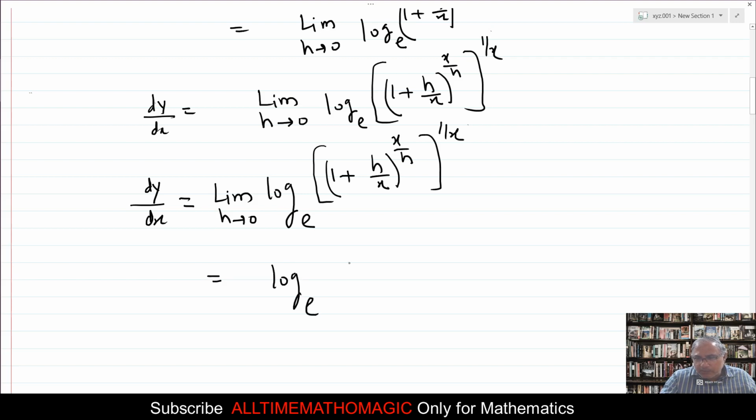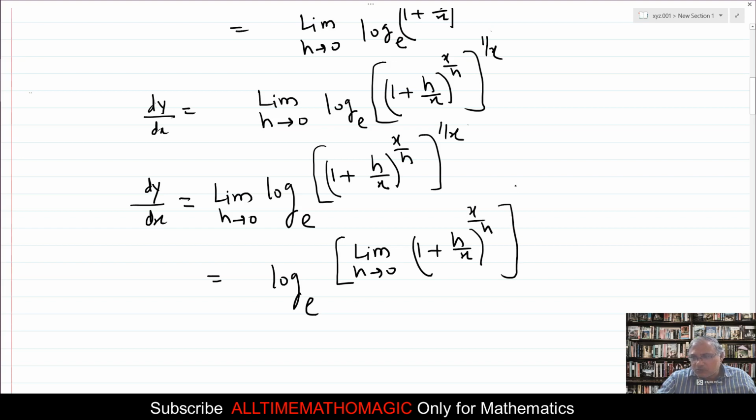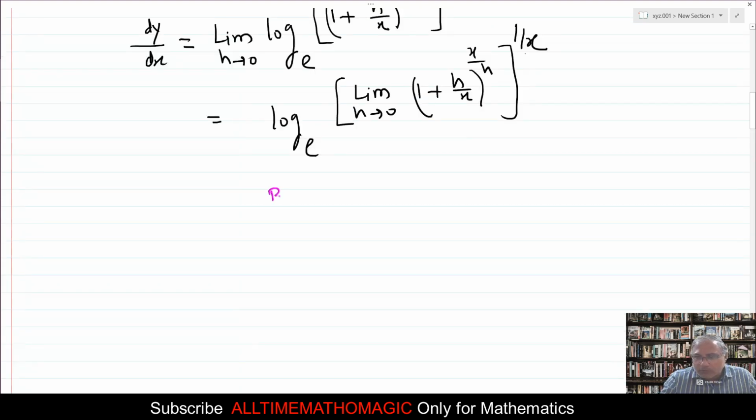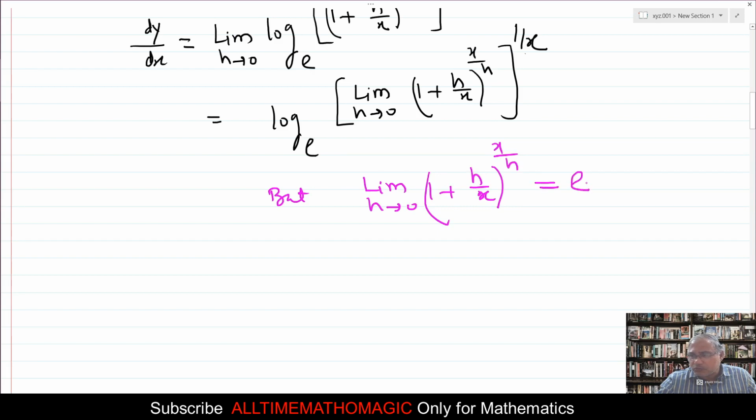Now that limit can be taken here: limit h tending to 0, 1 plus h upon x whole raised to x upon h, whole raised to 1 upon x. But limit h tending to 0, 1 plus h upon x whole raised to x upon h equals e.